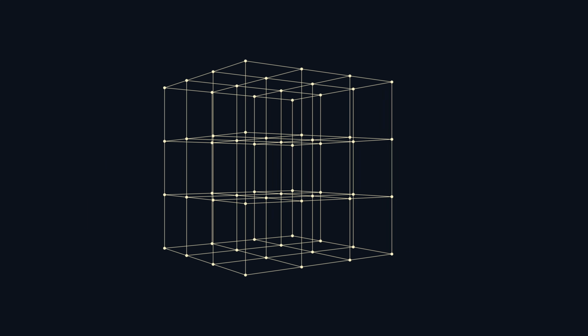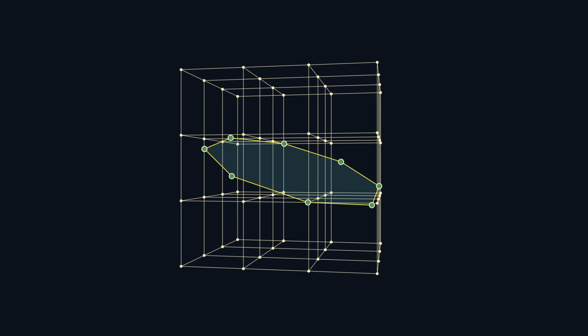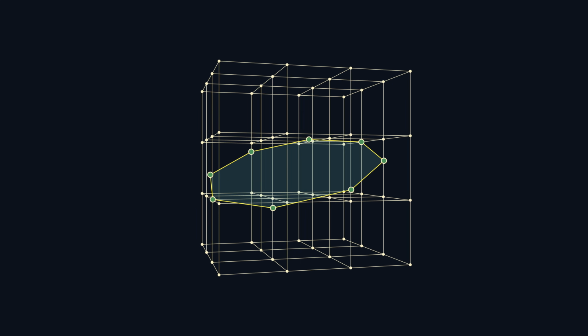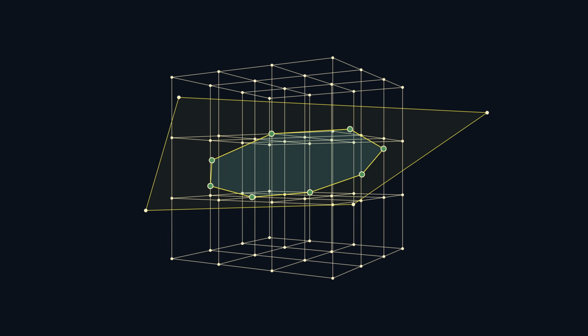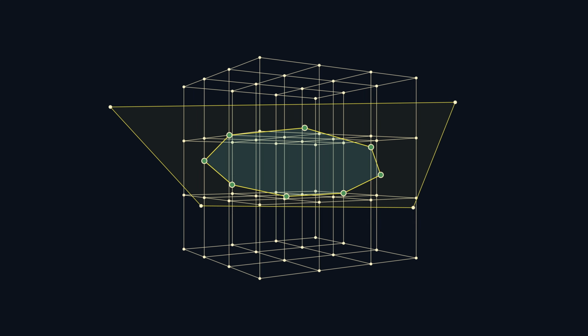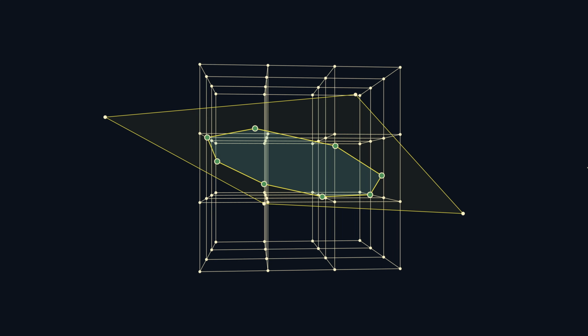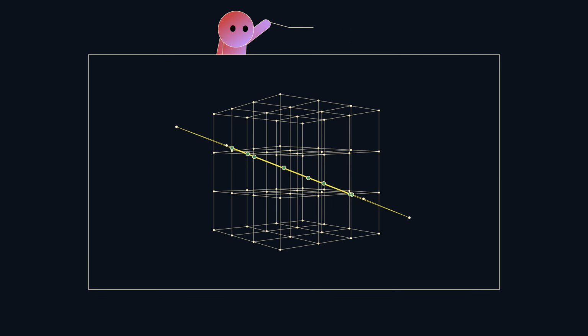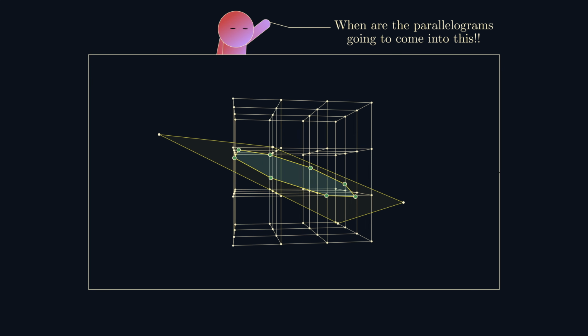Well, let's suppose we can draw some regular n-gon in this 3D lattice. This is a 2D shape, so there must exist some 2D plane which contains the regular n-gon. Also note that each vertex of the regular n-gon must have an integer coordinate. Can you see where I'm going with this?